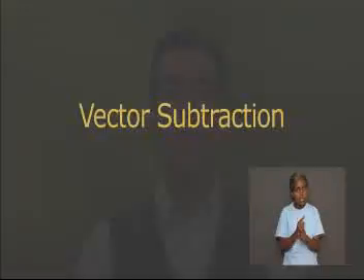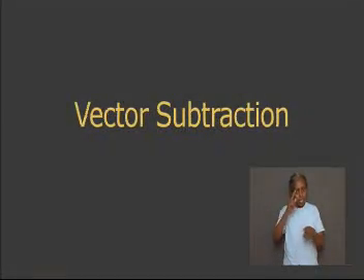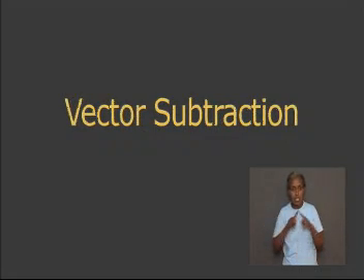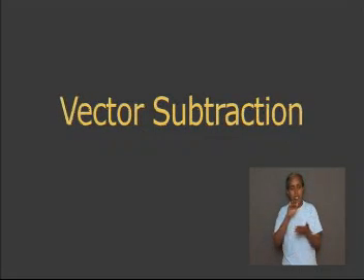We have reviewed the triangle law, the parallelogram law, and now the associative property of vectors. By applying these correctly, we can not only find the sum of any two vectors, but the difference between them as well.